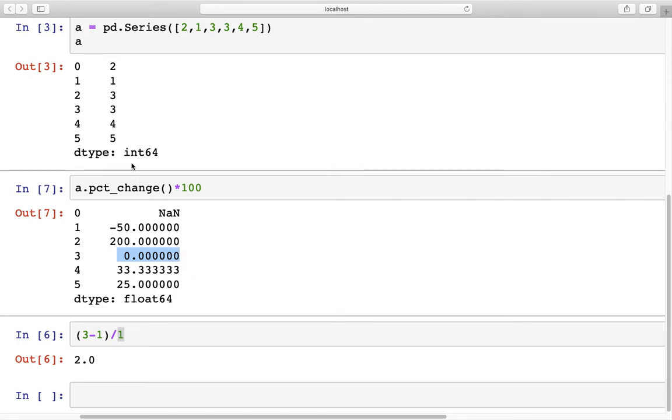Here we have calculated the percentage change between all consecutive numbers: 2, 1, 3, 3.